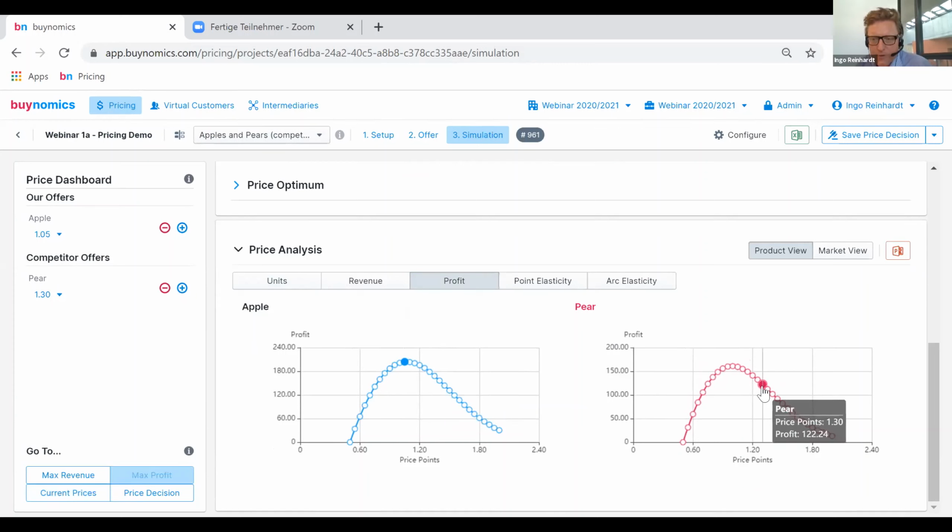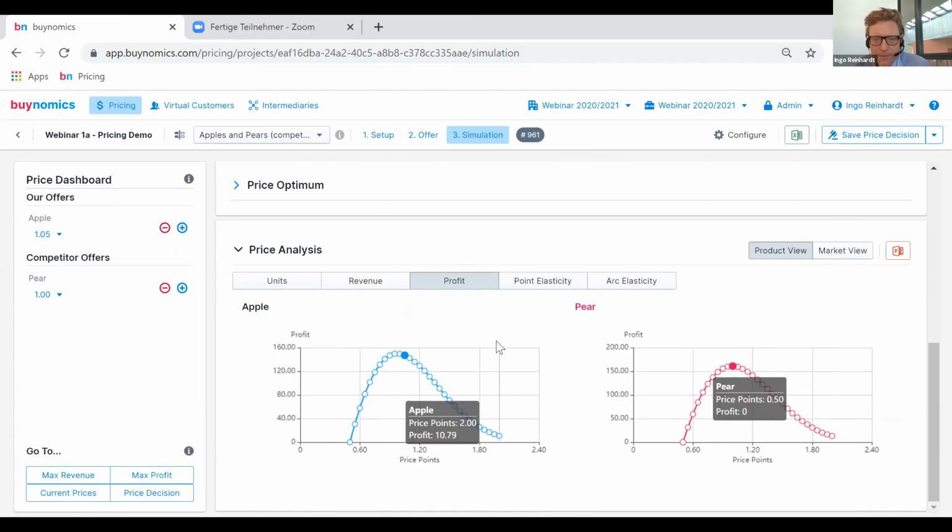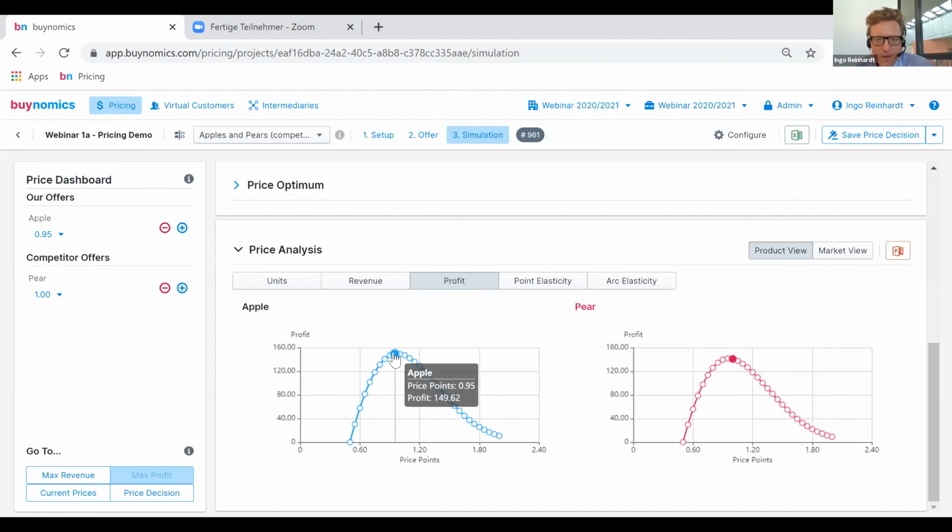But, and we know this from wargaming, for example, the competitor would also go to a different price, and then we are again not in the optimum anymore. We would have to change our price, and this converges at some point, and we see that in the optimum our price would be 95 cents. I think for the competitor also, yeah, €1. So it's about in the same range.